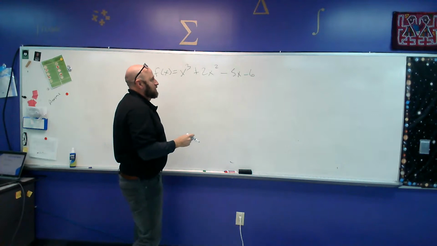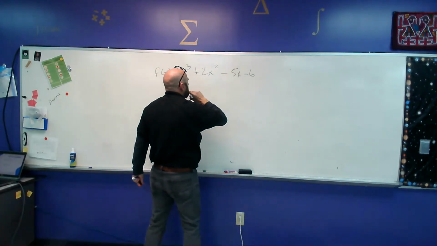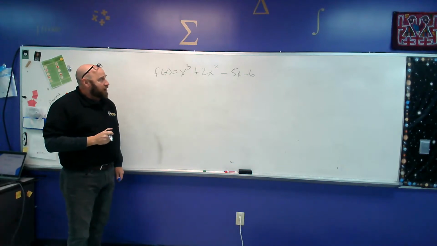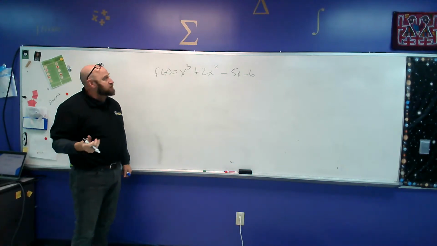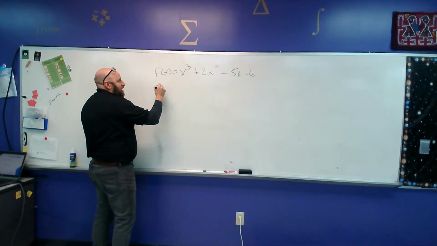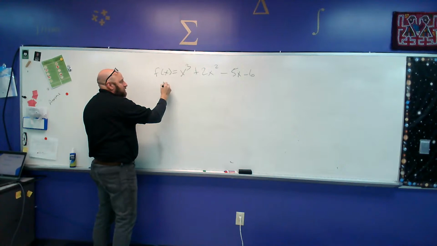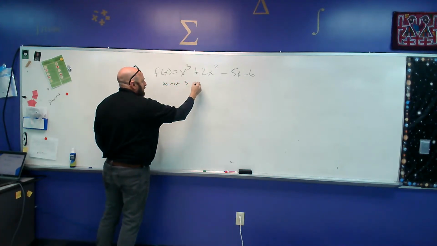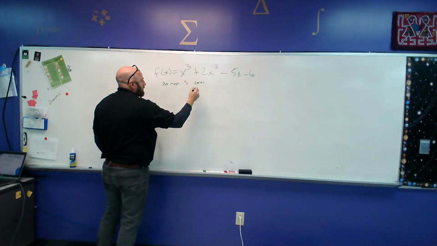All right? So what are we going to do? Well, first thing we can say is that there are at most 3 zeros. Okay.